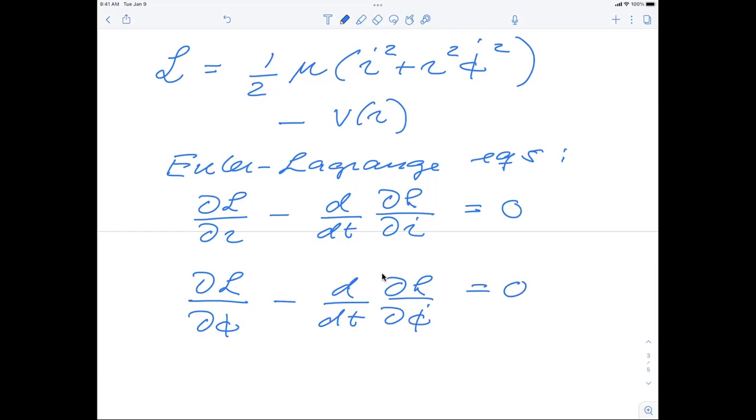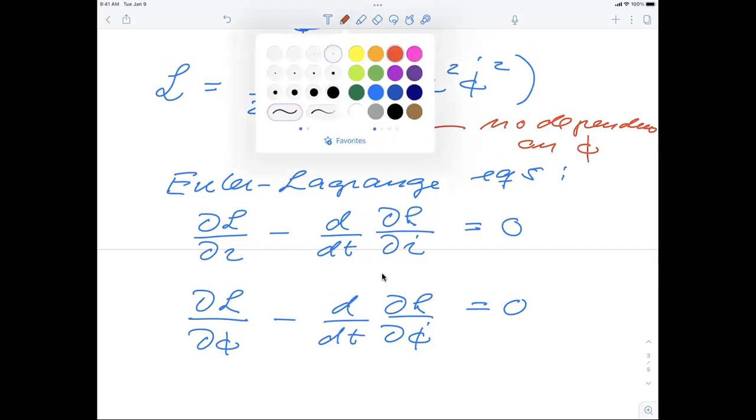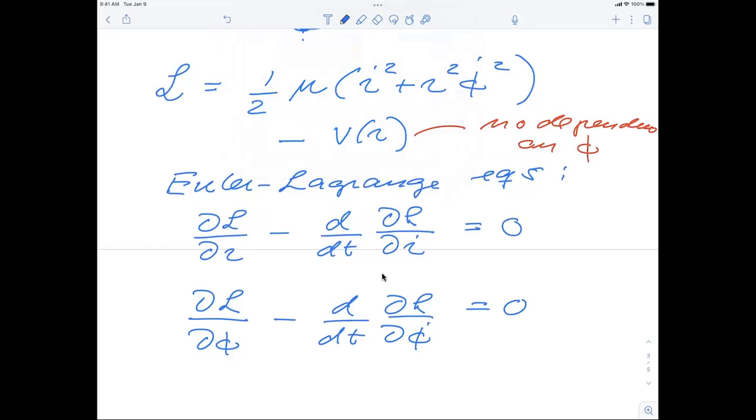Now, last week we did derive the equations for the angular motion, because if we take a closer look at the potential, you will notice that it has no dependence on the angle phi. The kinetic energy does not contain an explicit dependence on phi, and the potential does not contain an explicit dependence on phi.